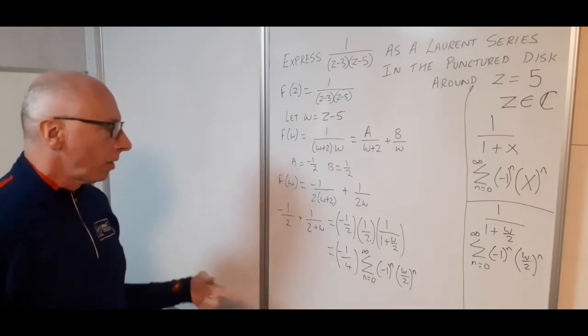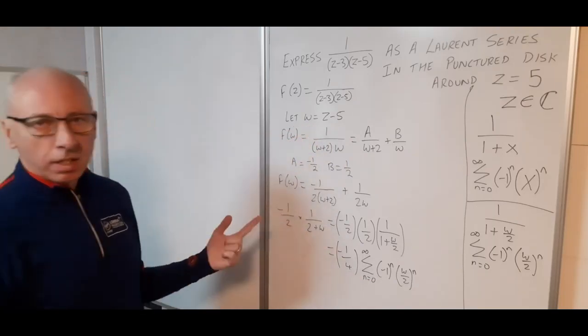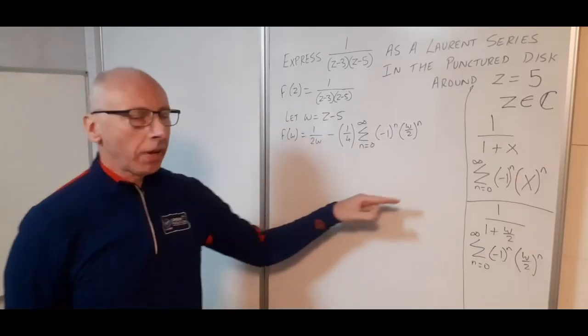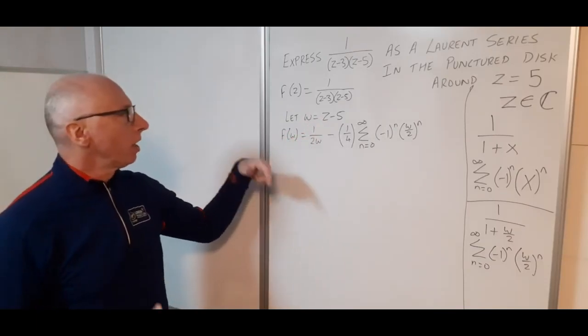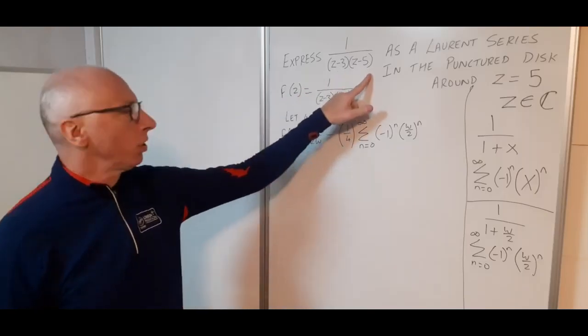So what I'm going to do is now clear off the board and write it under here, and let's continue with the power series. Okay, so now here we are in terms of f of w. Now I did my substitution, w equals z minus 5, so I need to bring it back in terms of z. That was my original question.